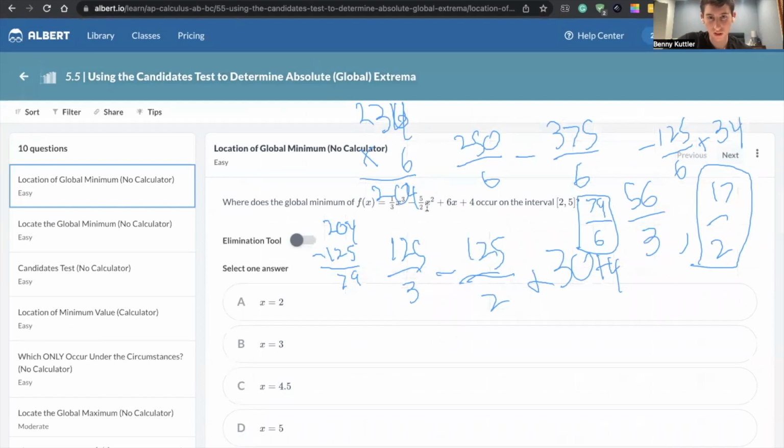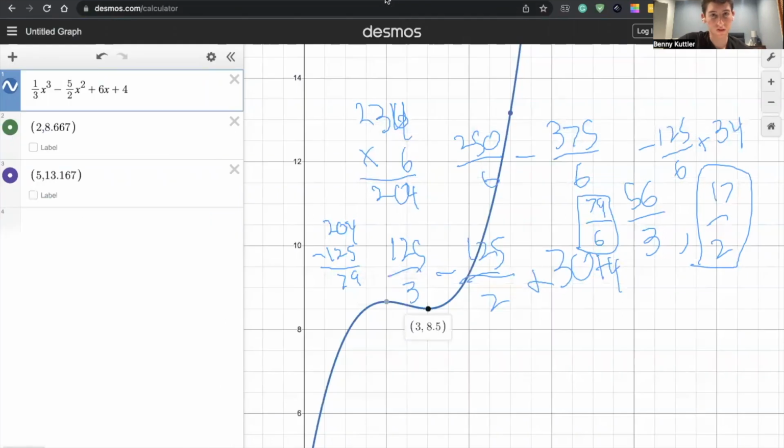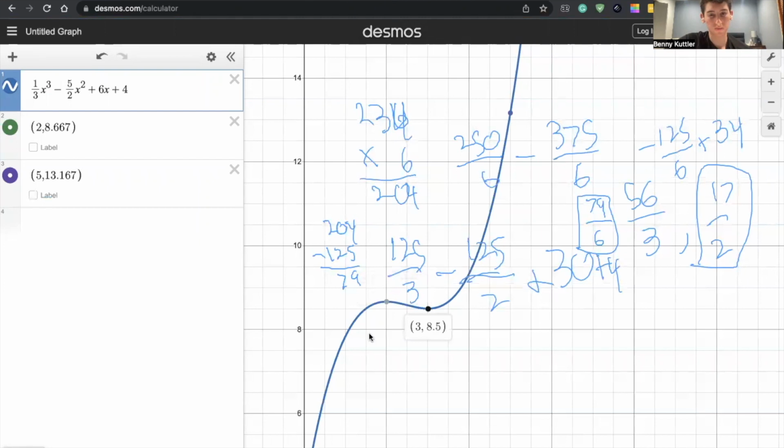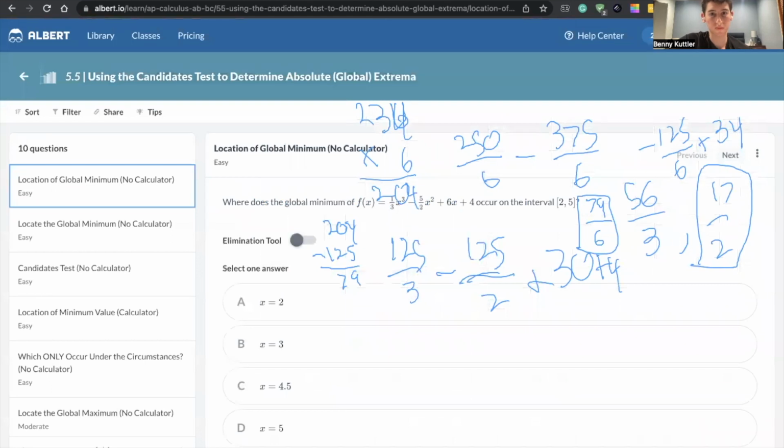So 1 over 3x cubed. Global minimum. Oh, sorry. We're not looking for the y value. The question is just asking us what x value this occurs at.